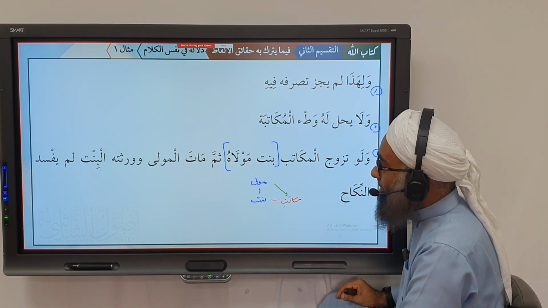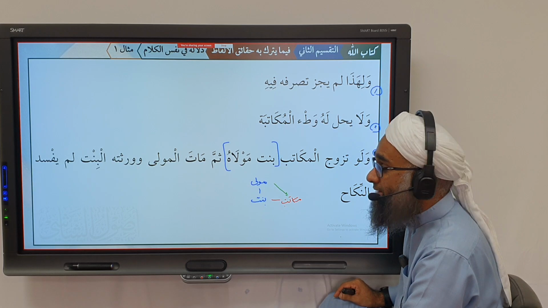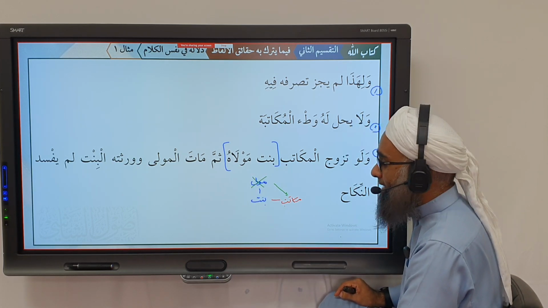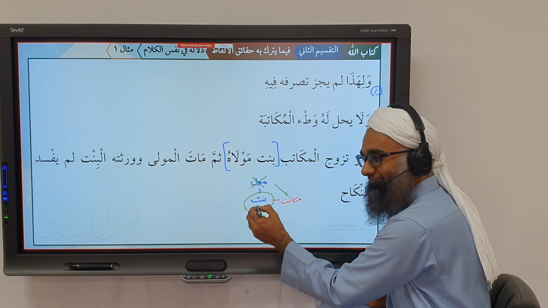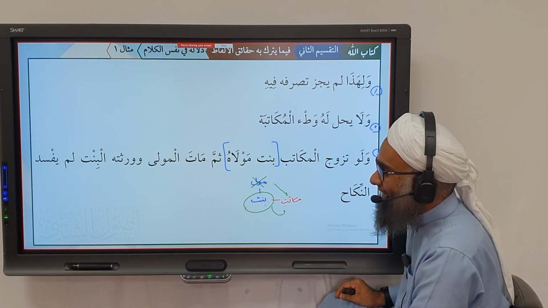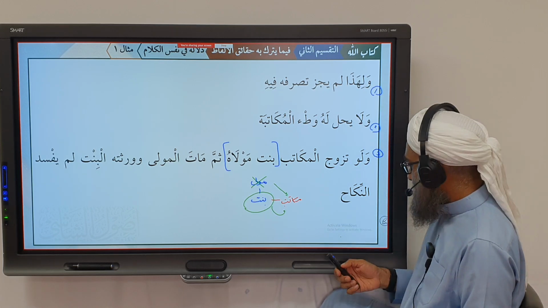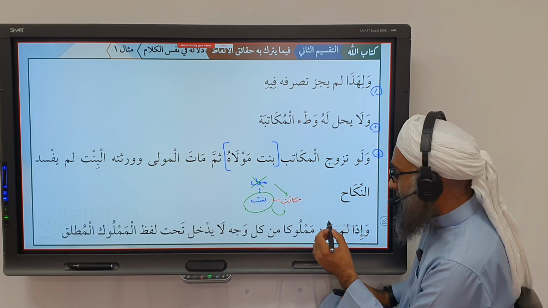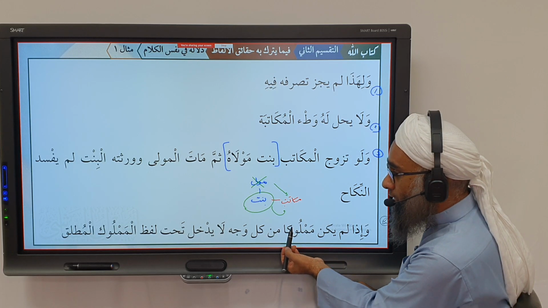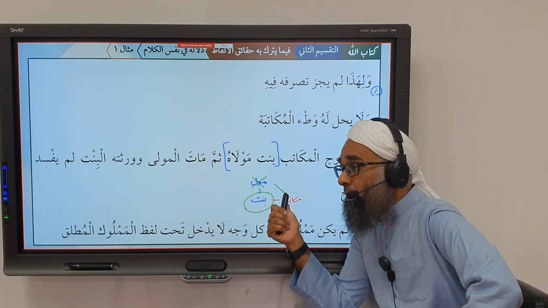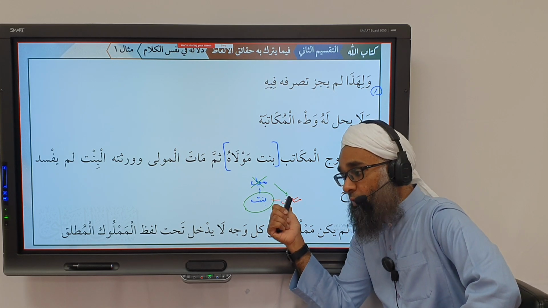The Mawla dies. And when the Mawla dies, who will inherit? وورثته البنت. Now the bint, she inherits her husband. Yes? لم يفسد النكاح. The nikah is not batil. Why is the nikah not batil? Because he's not mamluk. Are you following?